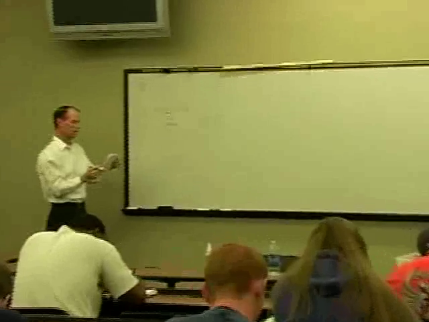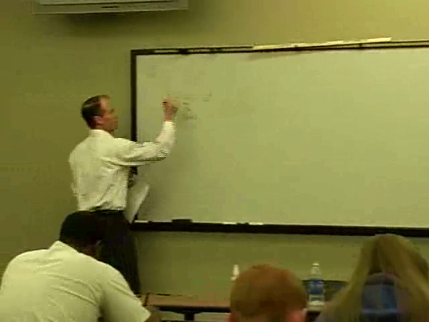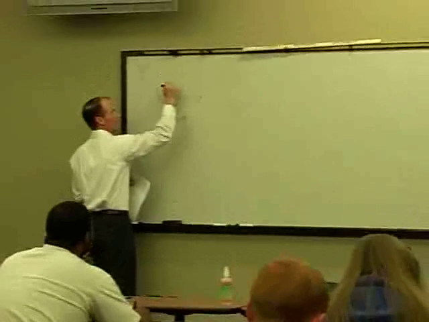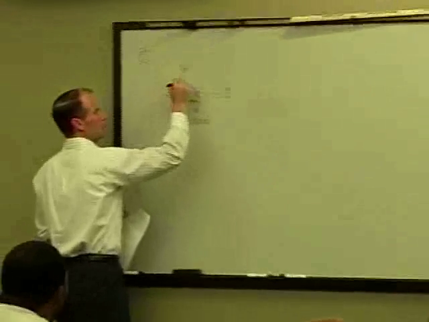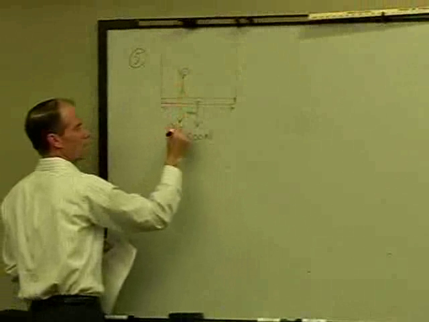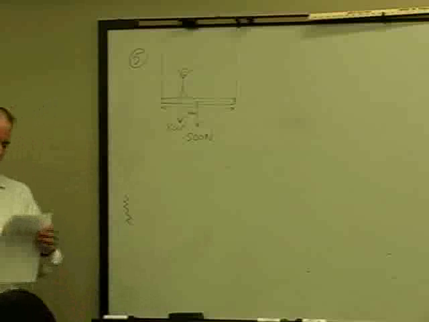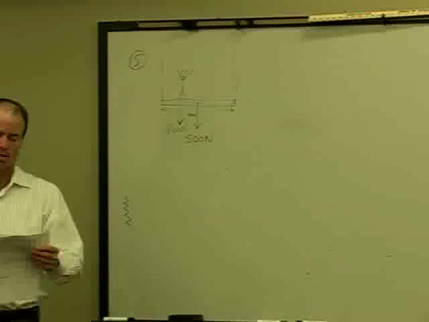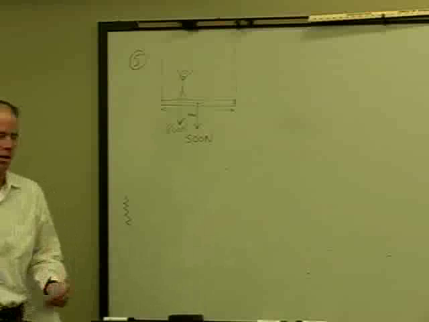Let's just say that our 800 Newton billboard worker is standing at some position here. We don't know exactly what that is, but that's what we want to find: how far the worker is from one of the ropes.